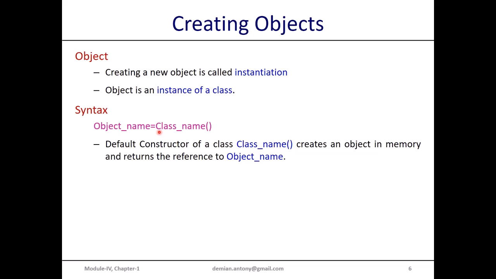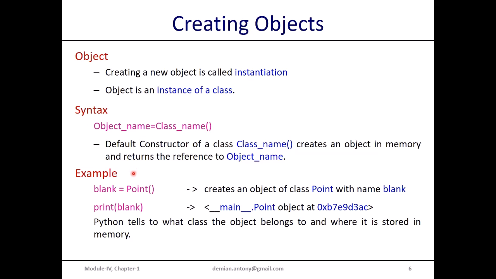Again I repeat, object name equal to class name with the default constructor notation allocates the memory and returns the reference, that means the information required to access that memory, to the left hand side, that is to the object name. Let us take up one example.